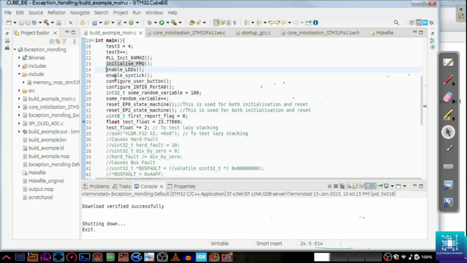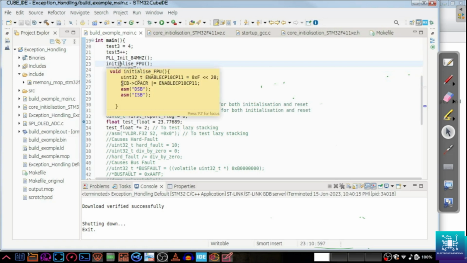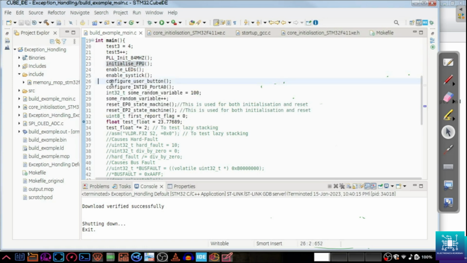We have other calls here, which are not directly related to Systick, but these are the calls that we are making for other purposes. For example, there is this call where we enable the LED. Now I'm thinking that let us not talk about enabling the LED here, because we have discussed it in the IO section already. So you know how the LEDs are enabled anyway.